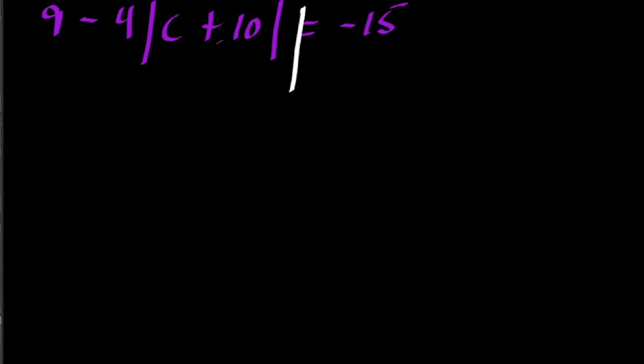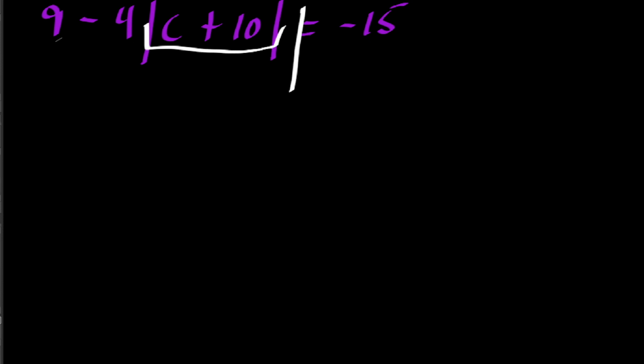Okay. 9 minus 4 times the absolute value of c plus 10 equals negative 15. Now, here's what we have. We have an absolute value equation we want to solve, so this absolute value needs to be by itself on one side.